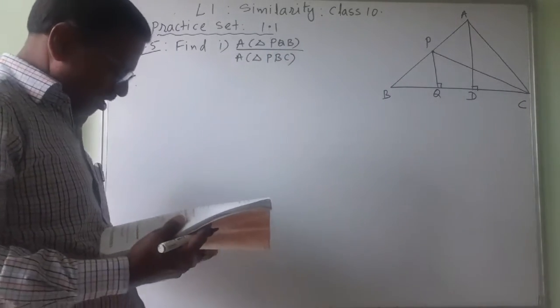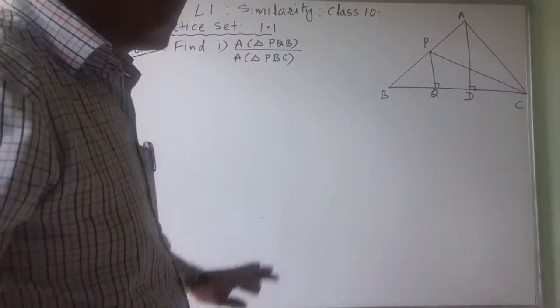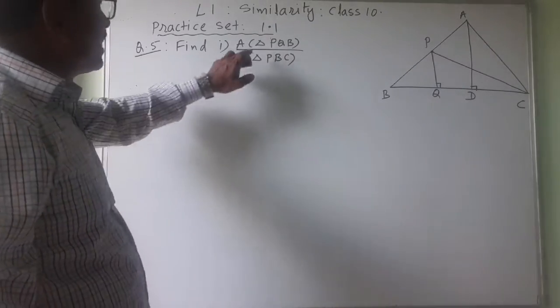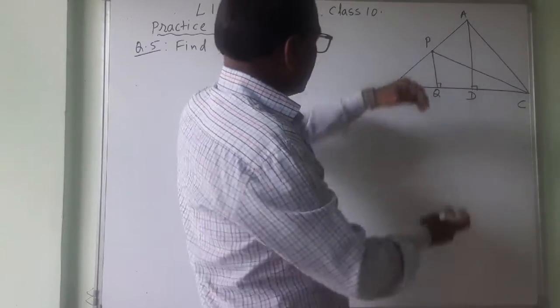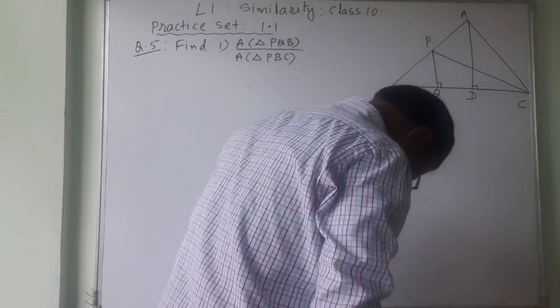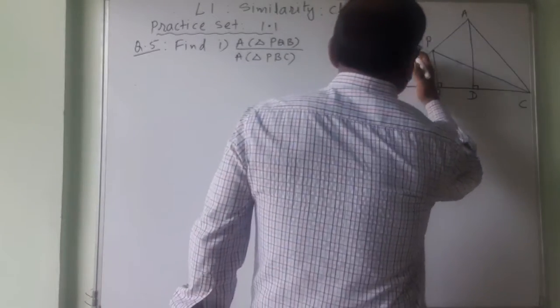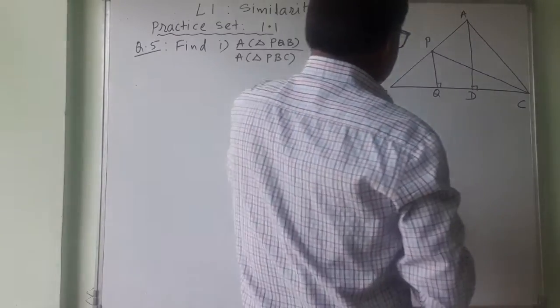One by one I will solve all the 5. One by one we will take. The lengths are not given. So area of triangle PQB, this is the triangle. And triangle PBC.